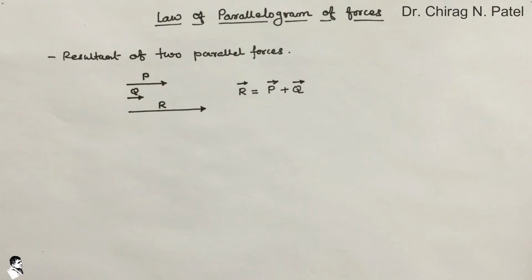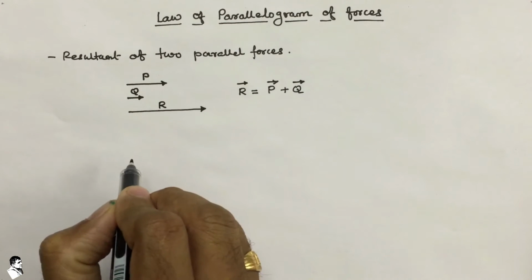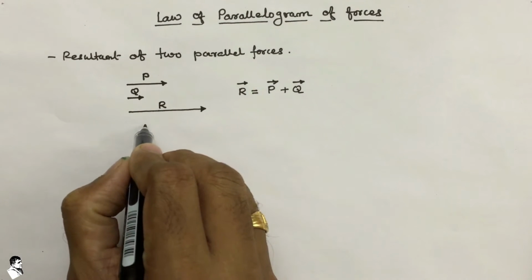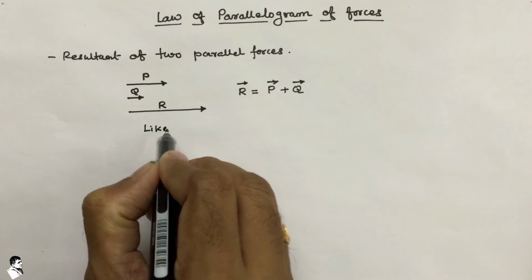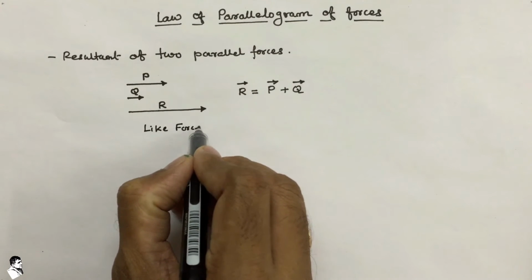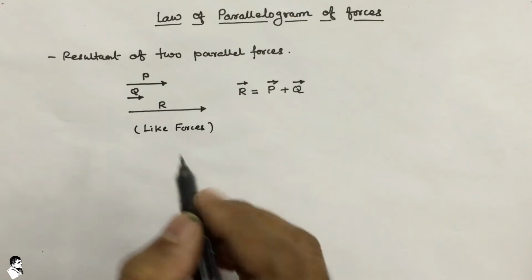Now if we consider forces Q and P, both parallel but unlike forces. So again, if we draw a second system, this first system is like forces.